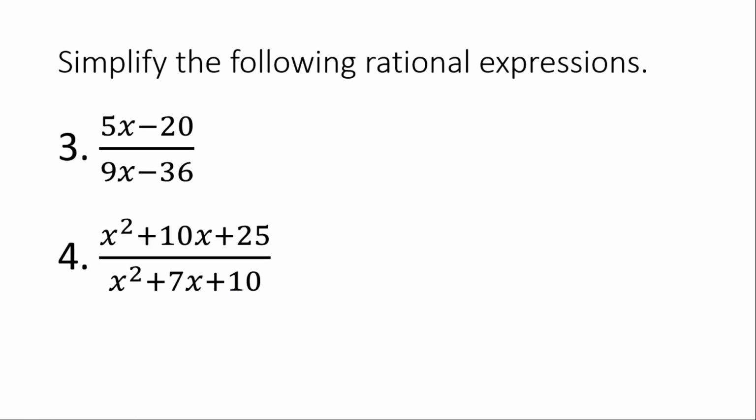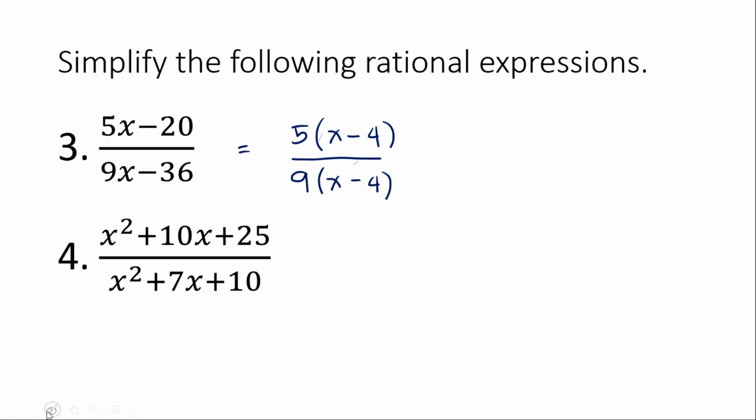Okay? Next, 5x minus 20 over 9x minus 36. So, pwede natin siyang i-factor out by simply factoring out the greatest common factor of 5x and 20, which is 5. And then, 5x divided by 5 is x. Negative 20 divided by 5 is negative 4. Over 9x minus 36, the GCF is 9. 9x divided by 9 is x. 36 divided by 9 is 4.